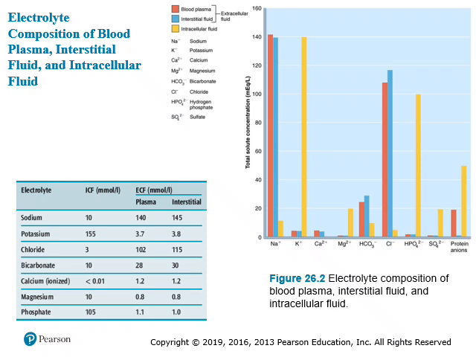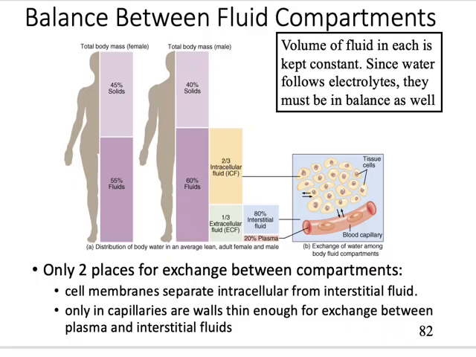And for bivalent ions, such as your calcium, okay, calcium is actually bivalent, 1 milliequivalent is 1/2 of a milliosmol. 1 milliequivalent of either of these provides the same amount of charge.